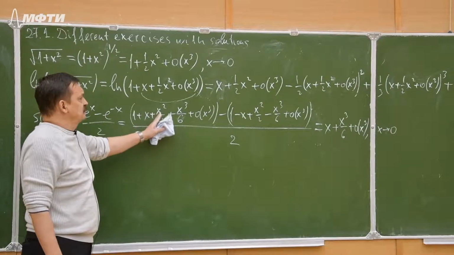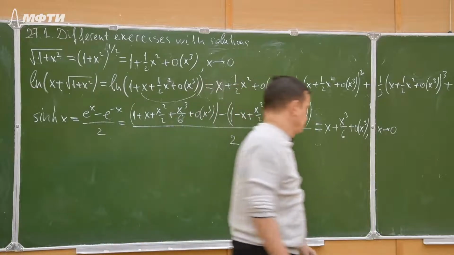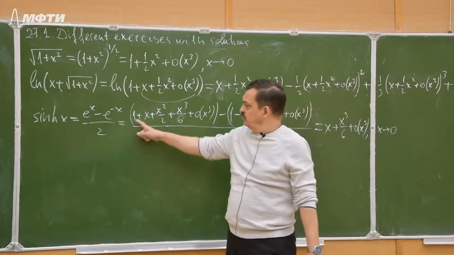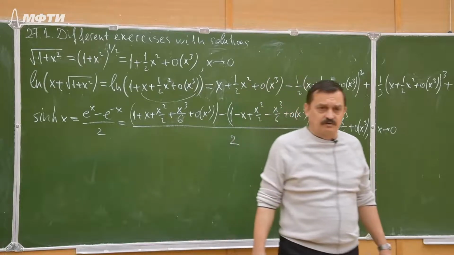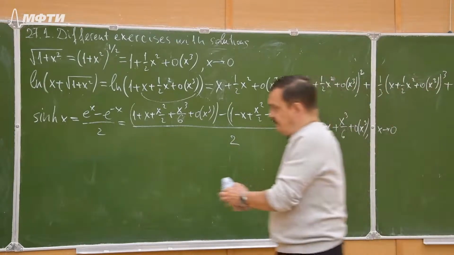Just choose odd powers of x. That is a rule, right? For cosine hyperbolic, you should choose even powers of x from the expansion for the exponent. Okay, now we can substitute.